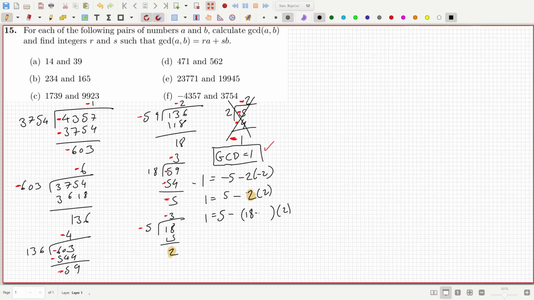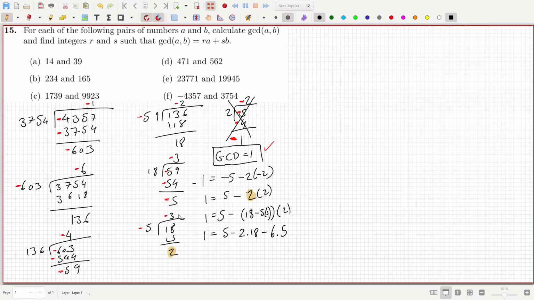So that's 18 minus, so -5 times 3. Okay, so let me clean that up a bit. That's 1 equals 5 minus 2 times 18 minus 6 times 5.